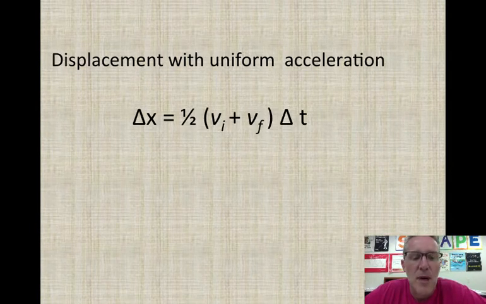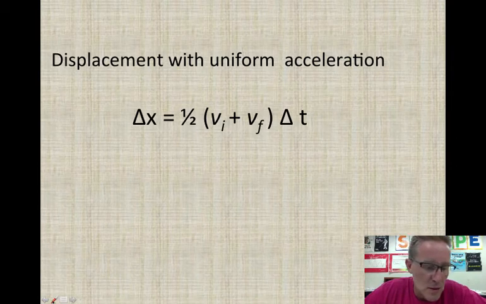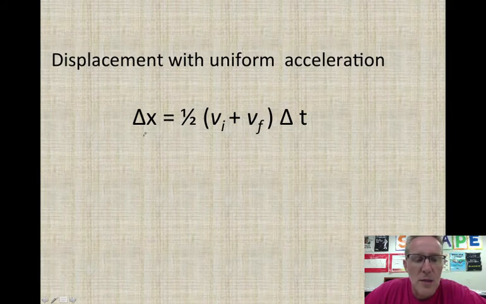To do these types of problems, we have one formula that will work for a variety of problems involving uniform acceleration. The formula is change in displacement, which is x. If you haven't figured out by now, x in the physics world usually refers to displacement.